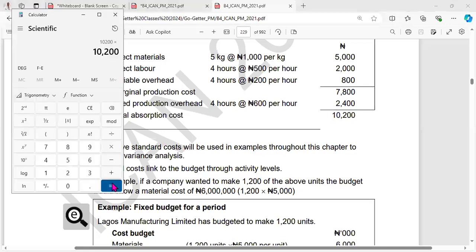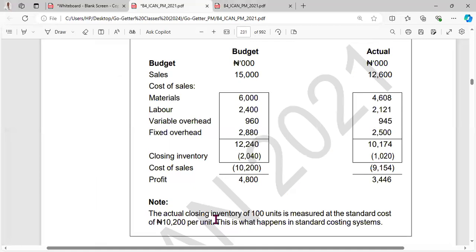This is what we are getting. Of course, if I remove the three zeros by dividing by 1,000, I'm getting 1,020. That is what is done here. So the actual closing stock of 100 units is measured at the standard cost of 10,200 per unit. This is what happens in a standard costing system. So when we're using variance analysis, we're using a standard costing system. We're not using actual costing to measure our closing stock.